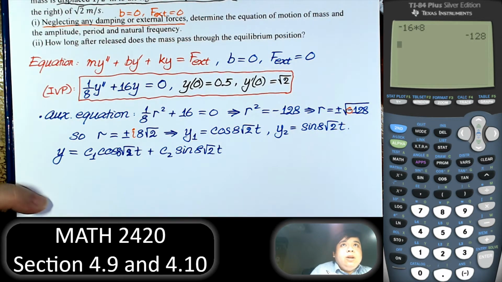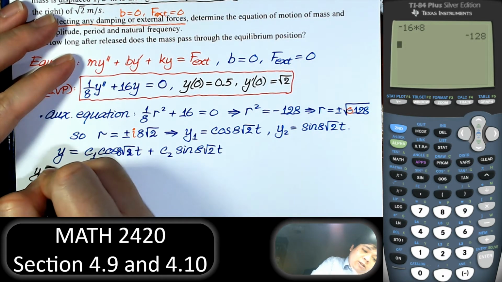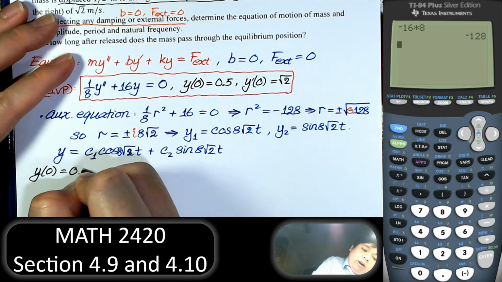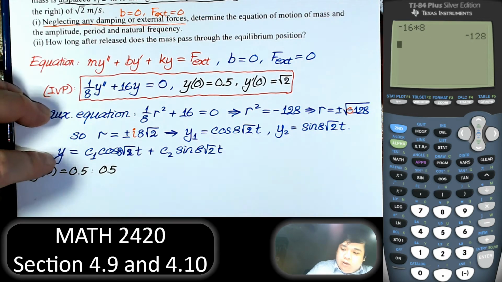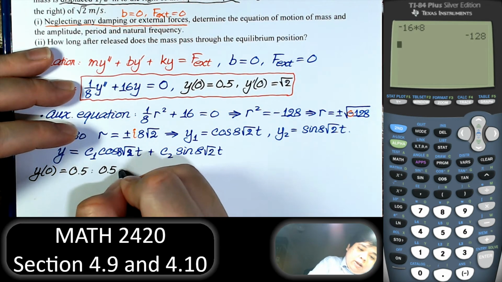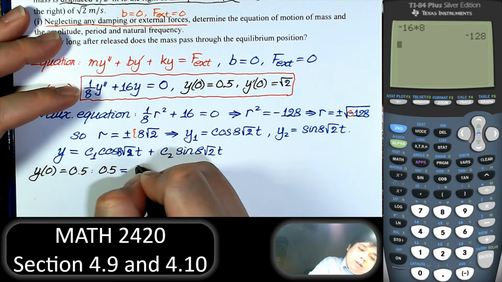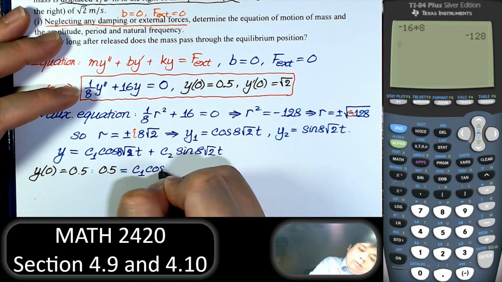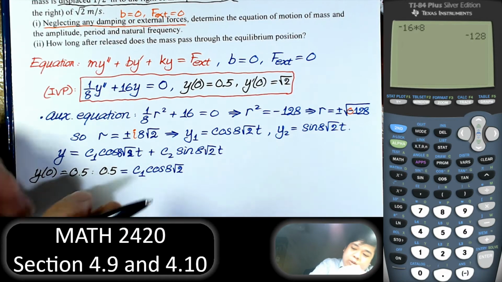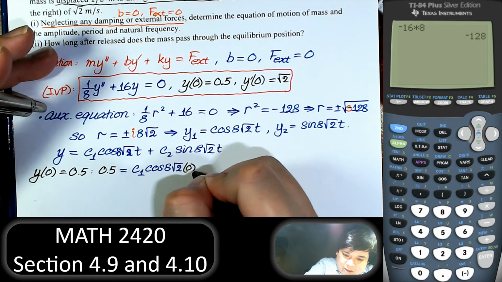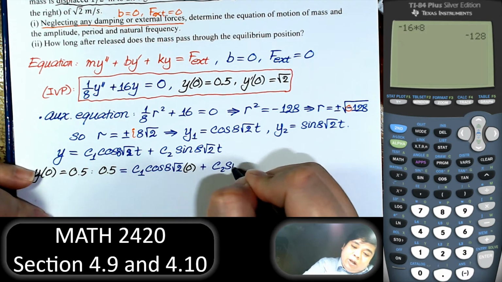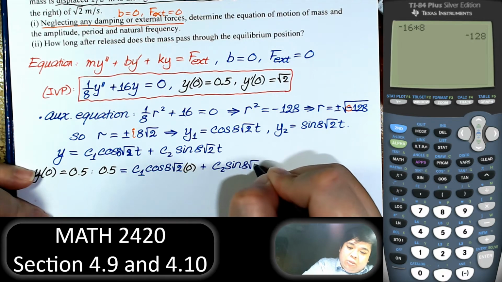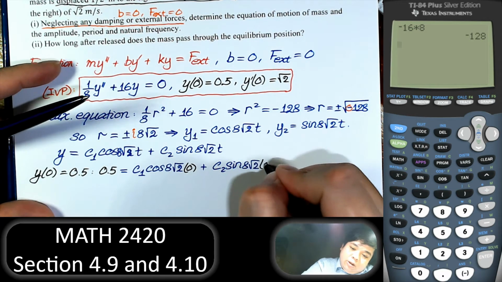Right. Now, the initial condition, y of 0 equal to 0.5. So 0.5 is equal to c1 cosine of 8 square root of 2 times 0, because t is equal to 0, plus c2 sine 8 square root of 2 times 0.